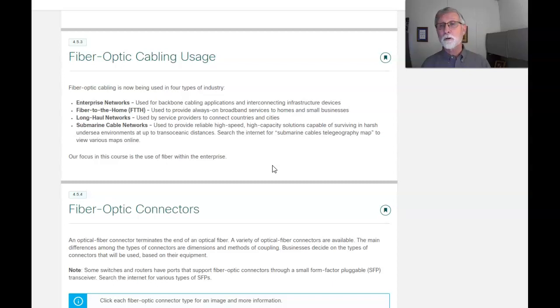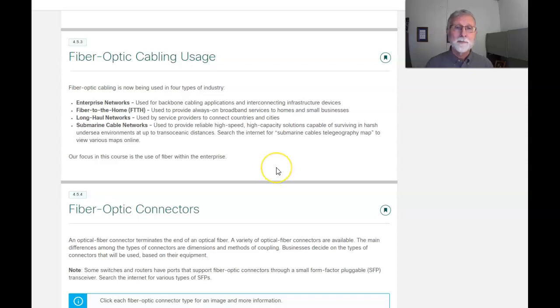It's definitely used for long haul networks traveling between countries, between cities, because I can get long distance and high speed and a lot of data transmitted. It's perfect. Or submarine cable networks. The cables are buried on the floor of the ocean. I should post a couple of videos on how they do that.